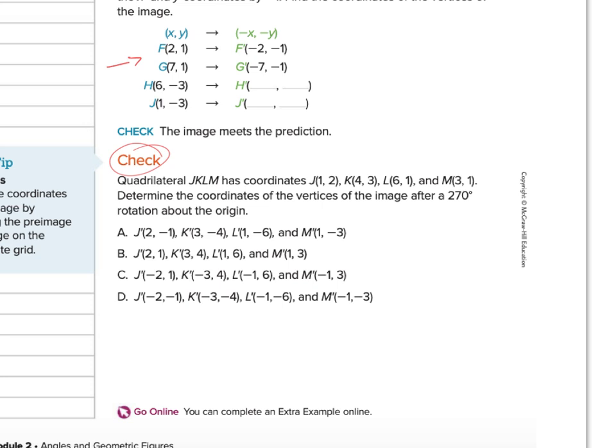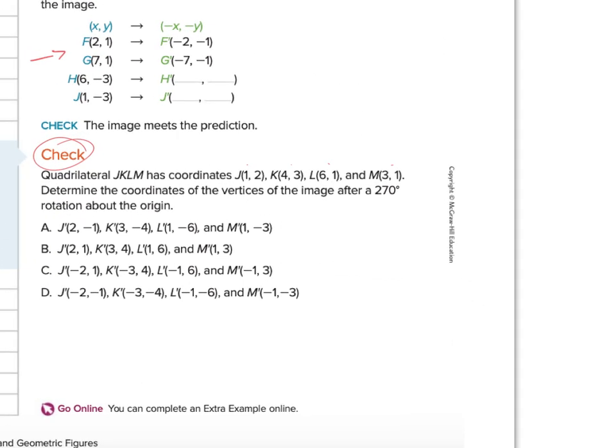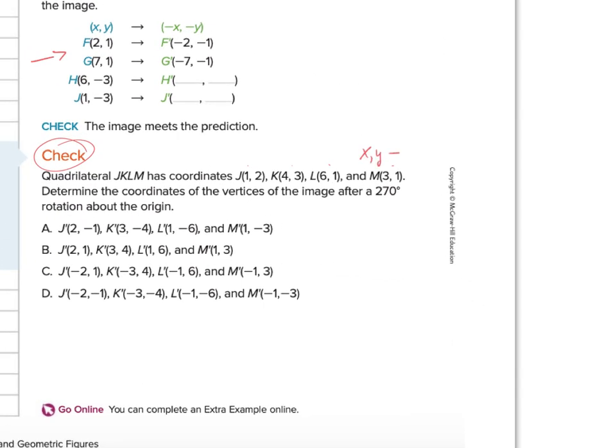Check quadrilateral JKLM and its coordinates. So here's my original pre-image coordinates. Determine the coordinates of the vertices of the image after a 270-degree rotation. Well, we did that 270 degree. All right, so (x, y) maps to (y, negative x). Just pick one point.